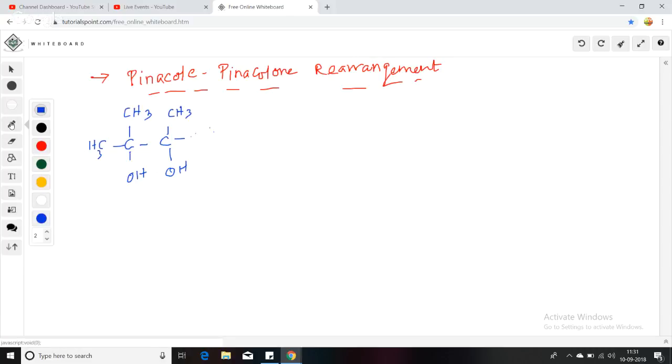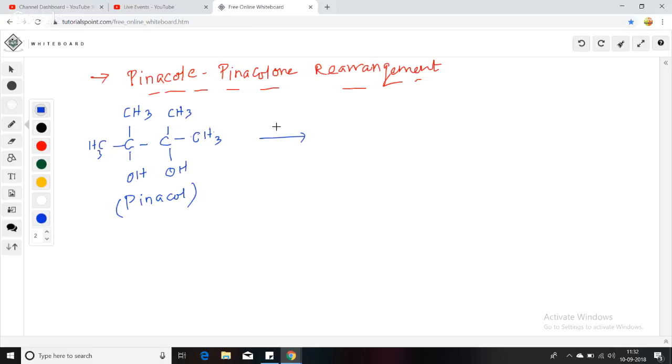So this compound is pinacol. And when this reaction takes place, it converts into pinacolone.